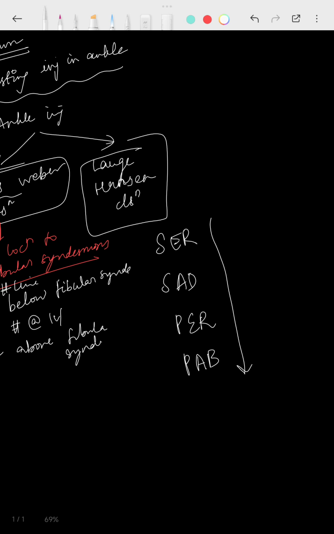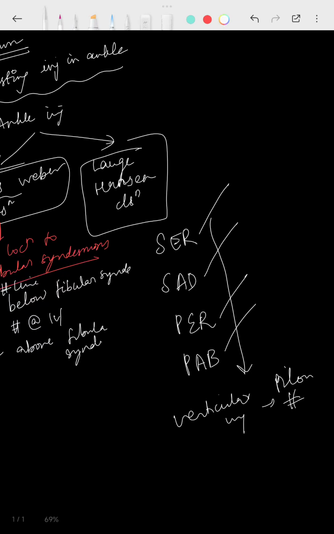And your last is the vertical injury, which is also called pylon fracture. So in this we have several orders of injury, and the Lauge Hansen classification is based on how the order of injury happens.